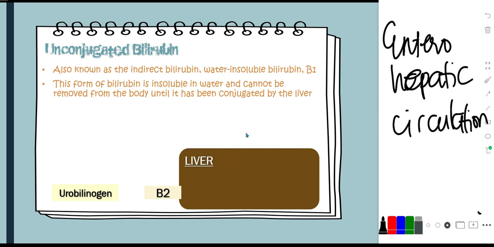Or a very small portion of this will enter the systemic circulation, wherein urobilinogen and B2 will be readily filtered by the glomerulus once they reach the kidney. And thus, we could also test for the presence of urobilinogen and B2 in urine samples.